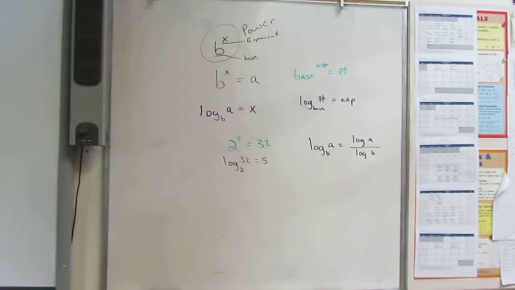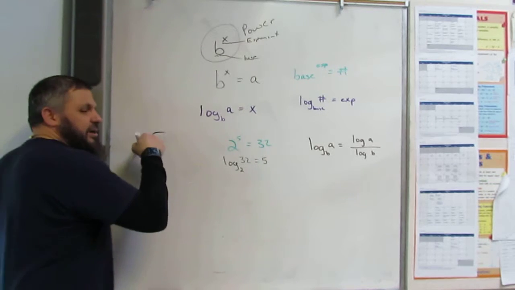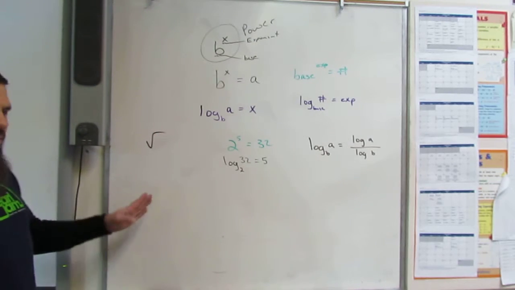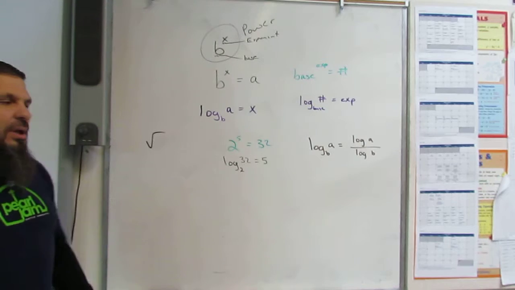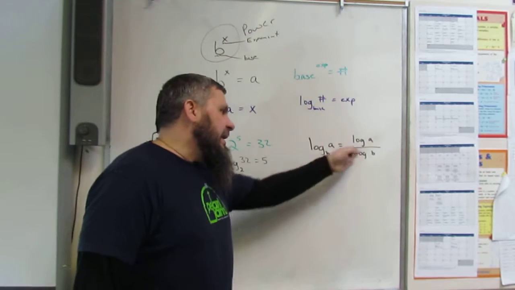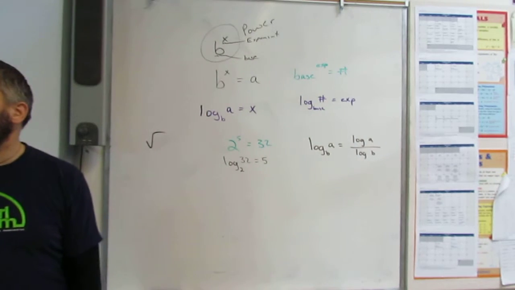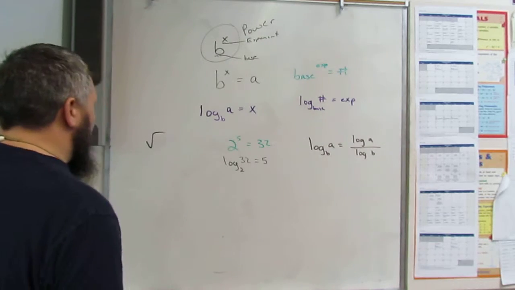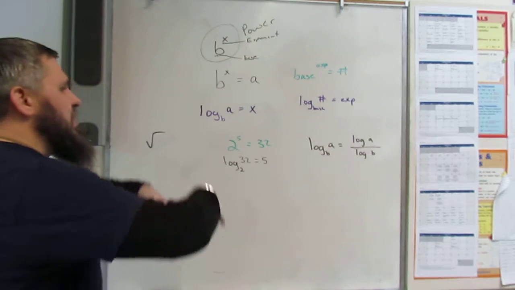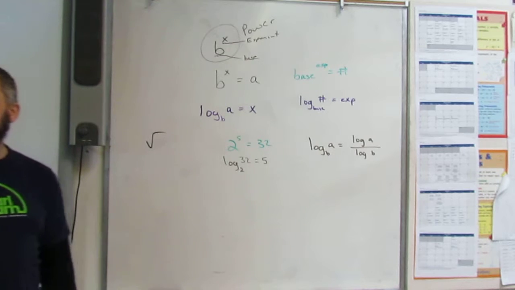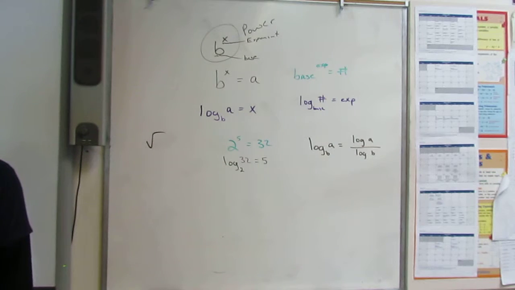It's the same reason we don't write a 2 in the square root. Okay? We don't write a 10 in the log. It's the same reason. We just know it's there. Okay? So know it's there.